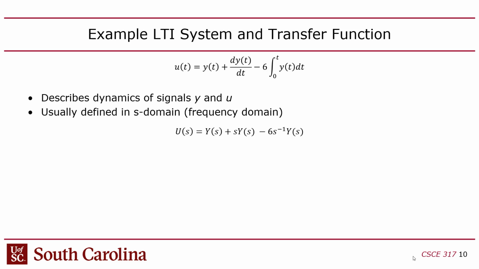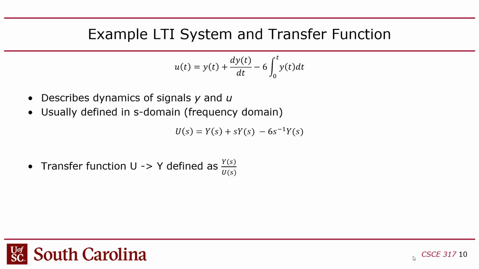So this just literally goes from U of T to U of S, right? And then Y of T is just Y of S. The derivative of Y with respect to time is S Y of S. And then the integral of Y with respect to time is S to the negative first power, 1 over S. And then that negative 6 is a coefficient, it just comes down, right? So that's a real simple way you convert that to Laplace.